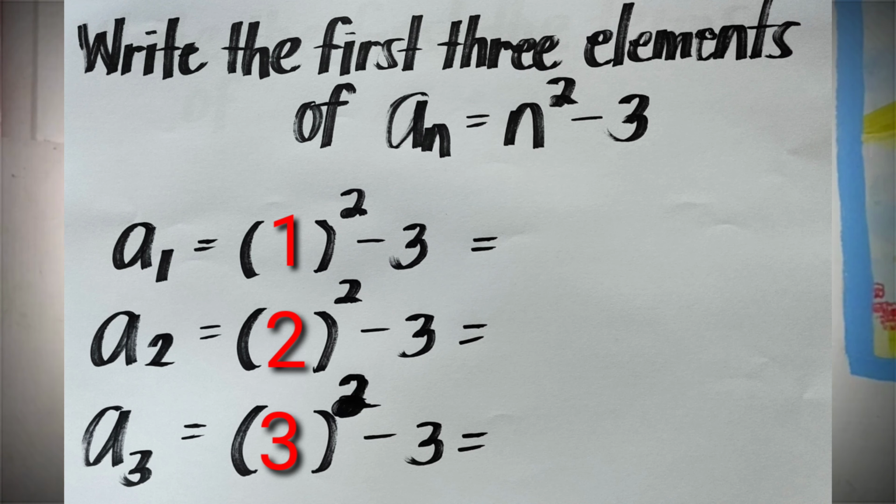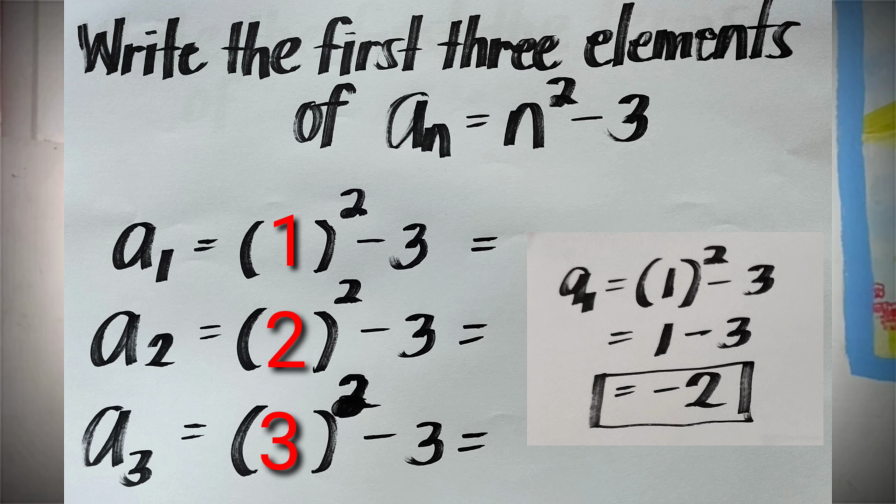So let's solve. A sub 1 equals 1 squared minus 3. So dito, uunahin muna nating evaluate ang 1 squared. Dahil ang exponent na 2, ang ibig sabihin ay we have to multiply the base by itself. So 1 times 1 equals 1. Minus 3 equals negative 2.